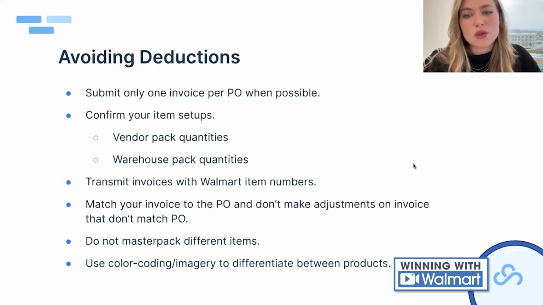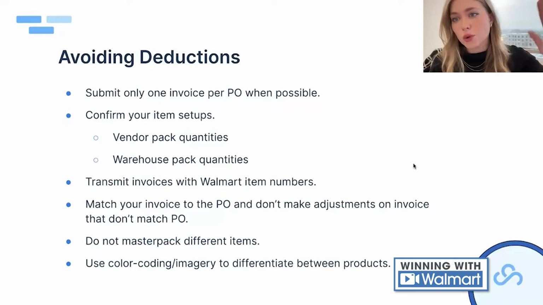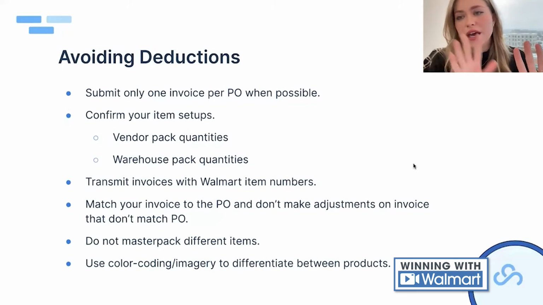Usually what will happen is if you're not differentiating between products and they are different items, they're just assuming that it's all the same item. So you'll typically see a shortage in a very specific item and an overage on the item that they didn't count, and an overage on the item that they just assumed the entire pallet was.